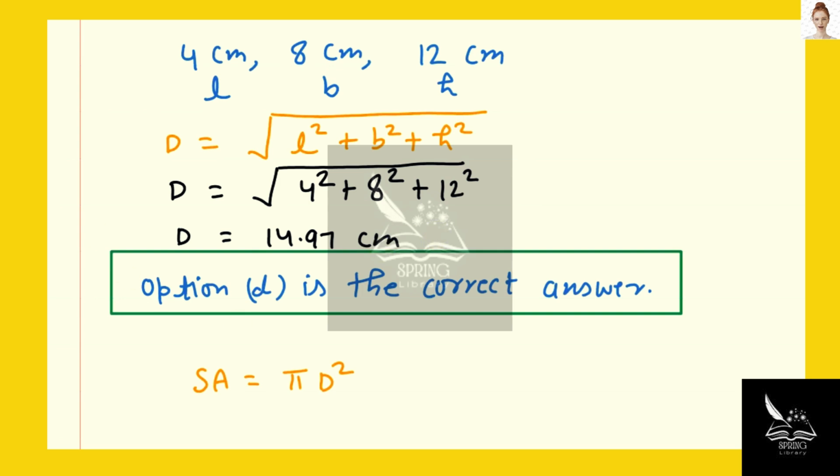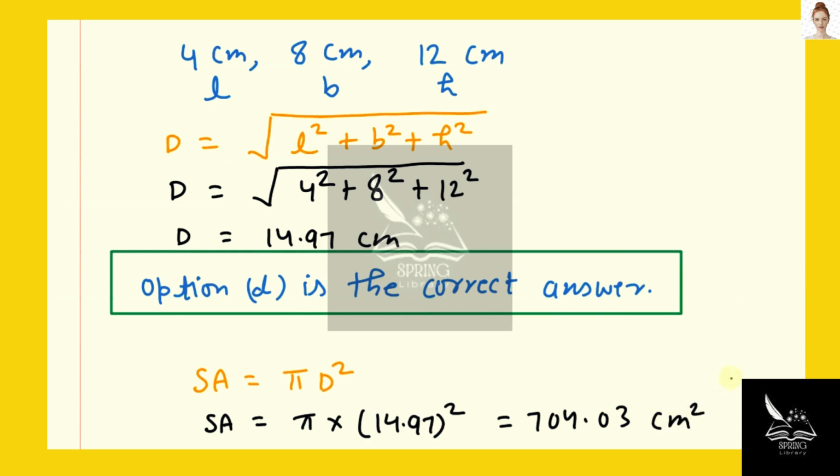So substitute the value of d in this formula. So we can write surface area is equal to pi times the whole square of 14.97. On further simplifying, finally we get 704.03 centimeter square.